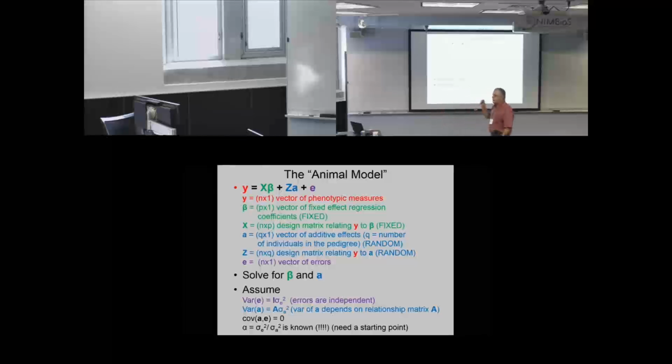If you have effects in your population that you are not modeling, and they contribute to relatives looking similar to each other, having similar values, that's likely to show up in A. You're going to inflate your additive effects because you were unable to partition out the dominance variance.